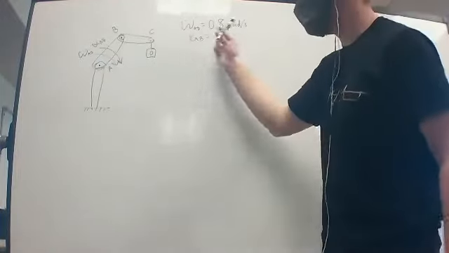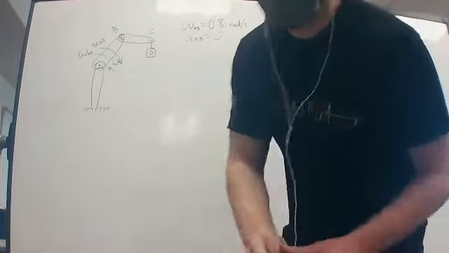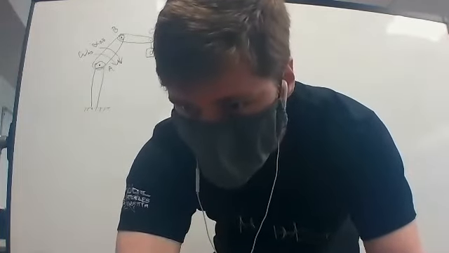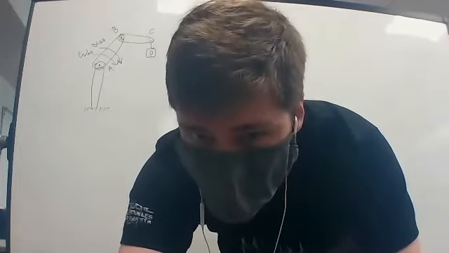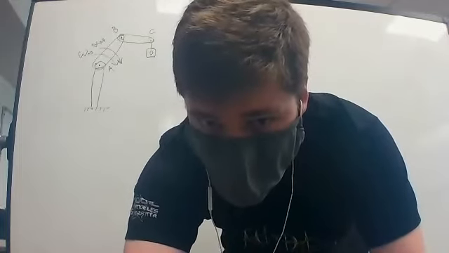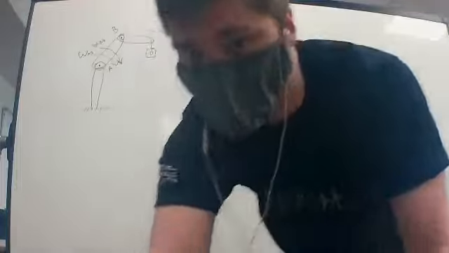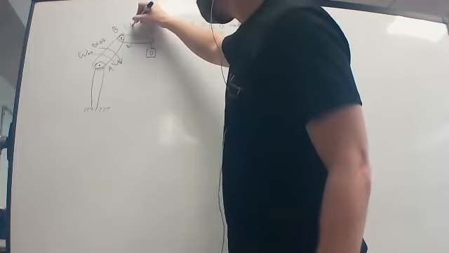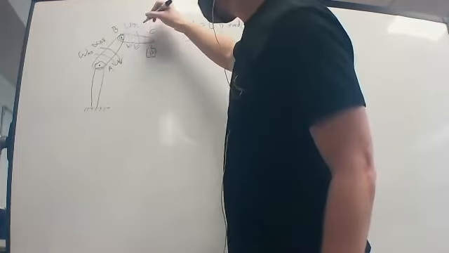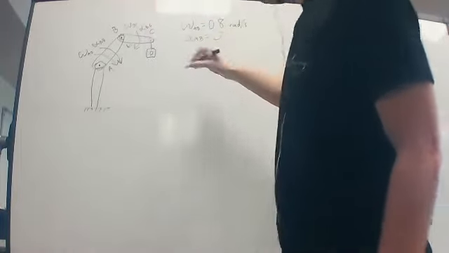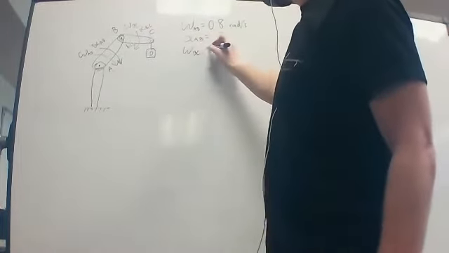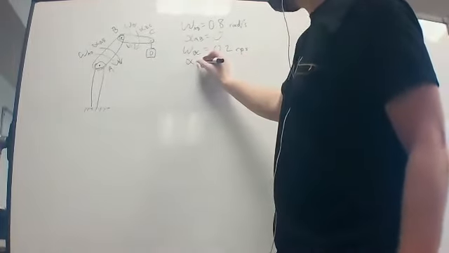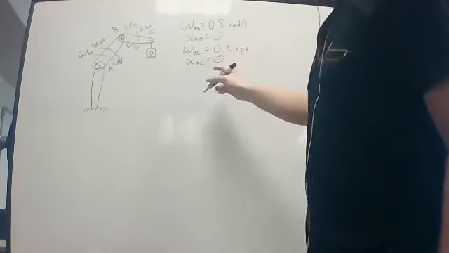So anytime we have constant angular velocity, our angular acceleration is going to be 0. We also know that BC has constant clockwise angular velocity of 0.2 radians per second. So omega BC is going to be 0.2 radians per second, and alpha BC is also 0, just like AB.